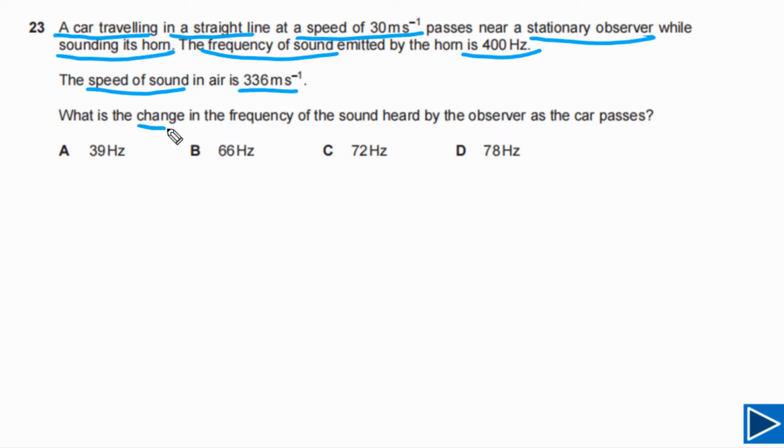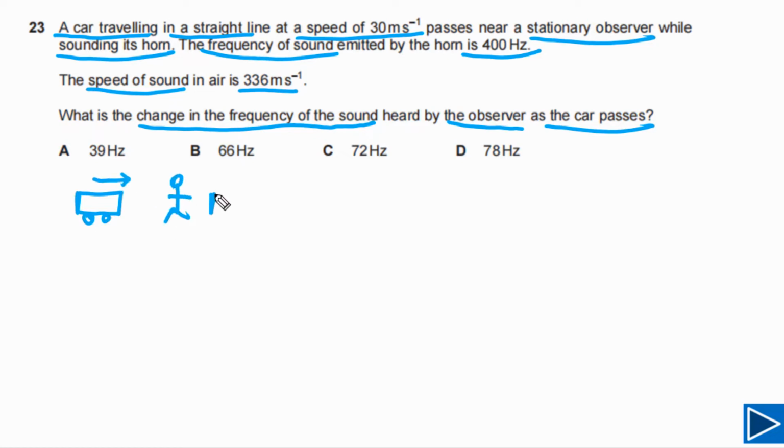We need to find out the change in the frequency of the sound heard by the observer as the car passes. It simply means that the car is approaching the observer first of all. So this is the first case. The car is approaching the observer and then this car is moving away from the observer. In this case, we need to find out the change in frequency.